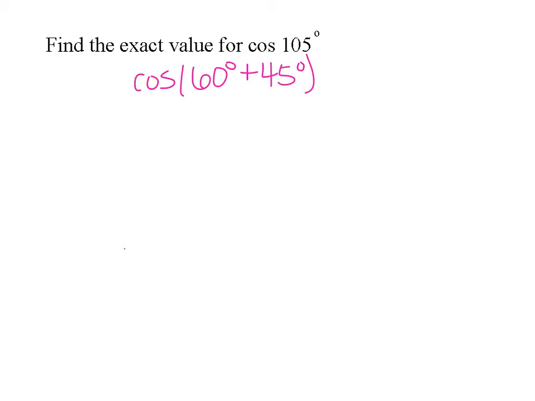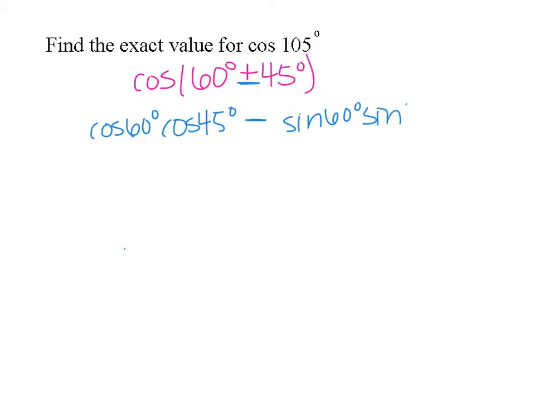So for cosine of 60 degrees plus 45, cosine is cosine, cosine, sine, sine, sine. So cosine 60, cosine 45. And then for cosine, remember the sign in the middle changes. So instead of addition, it'll be minus sine of 60 times sine of 45.